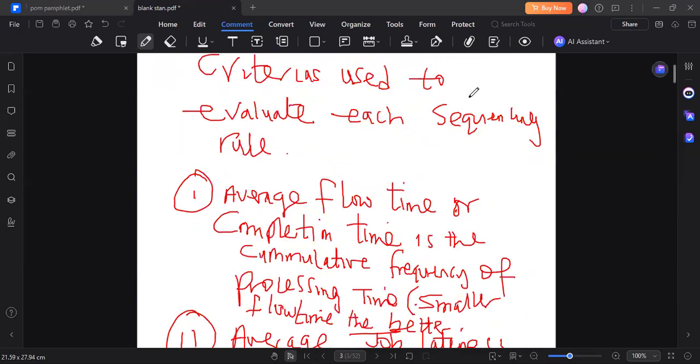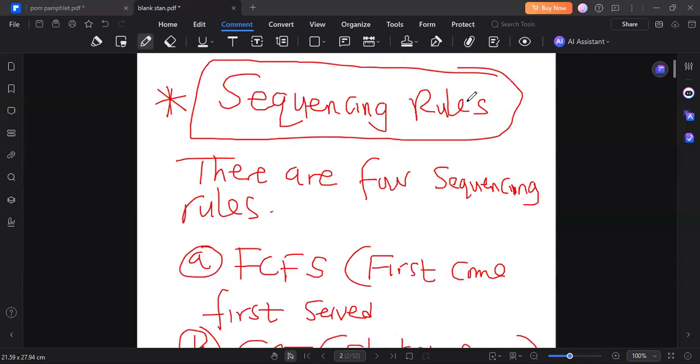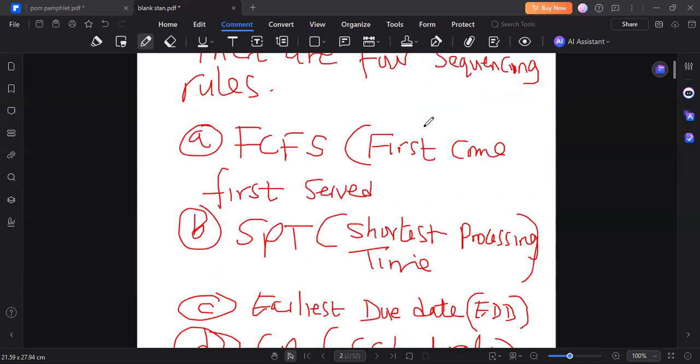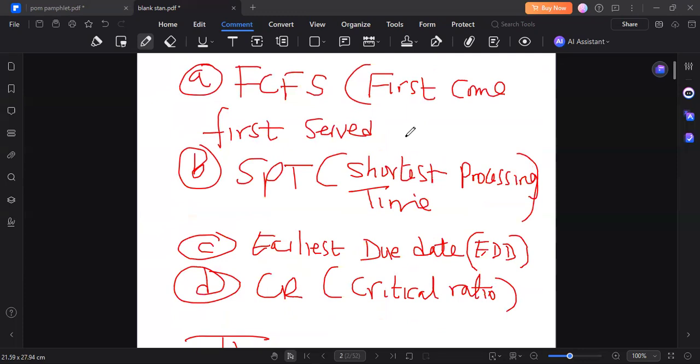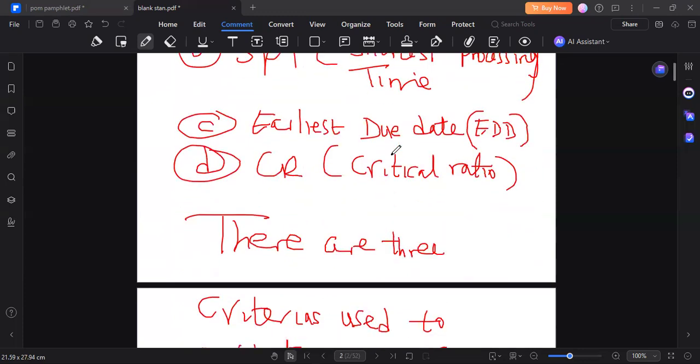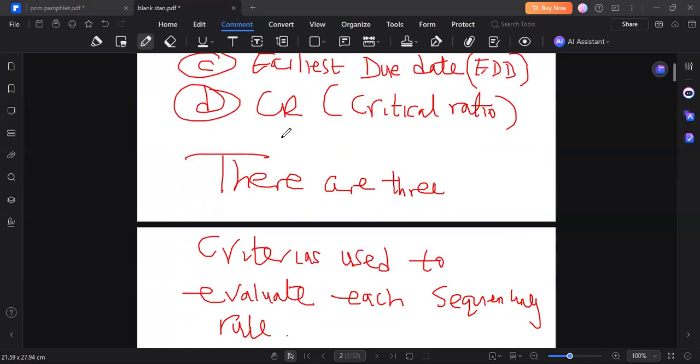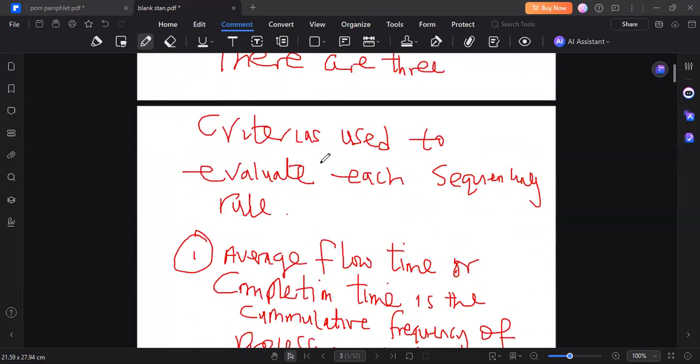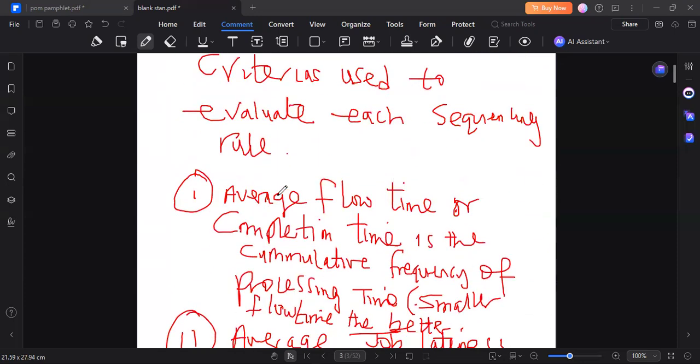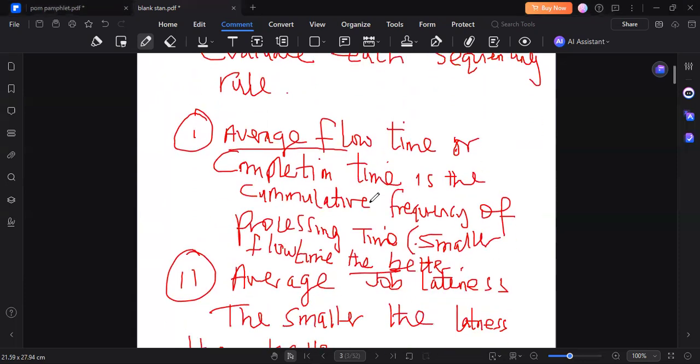So we are simply saying the sequencing rules are four: first come, first served, shortest processing time, earliest due date, critical ratio. Now, to evaluate each sequencing rule, we have three criteria. That's average flow time or completion time. So the smaller the flow time, the better.